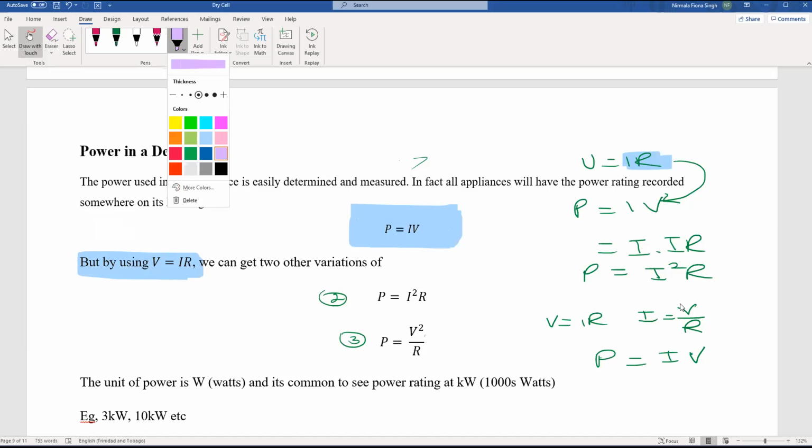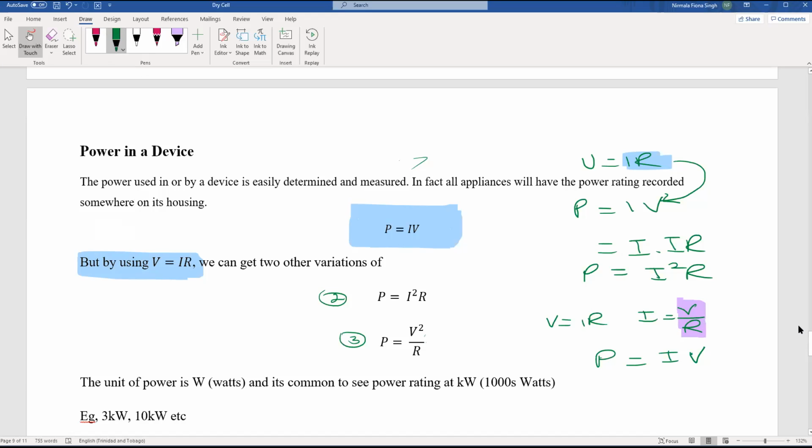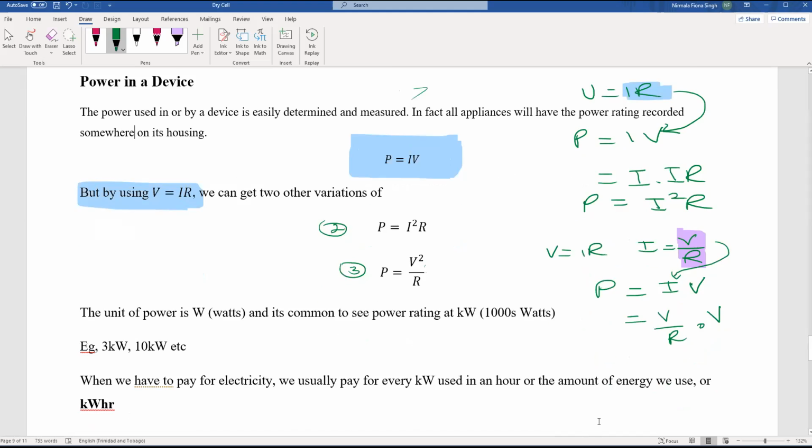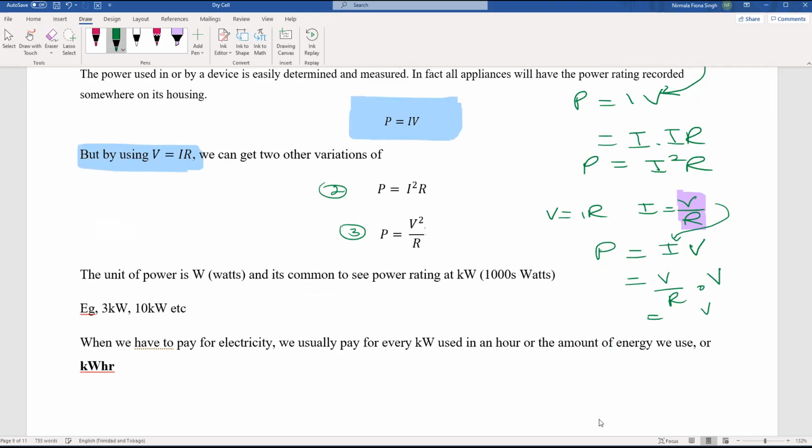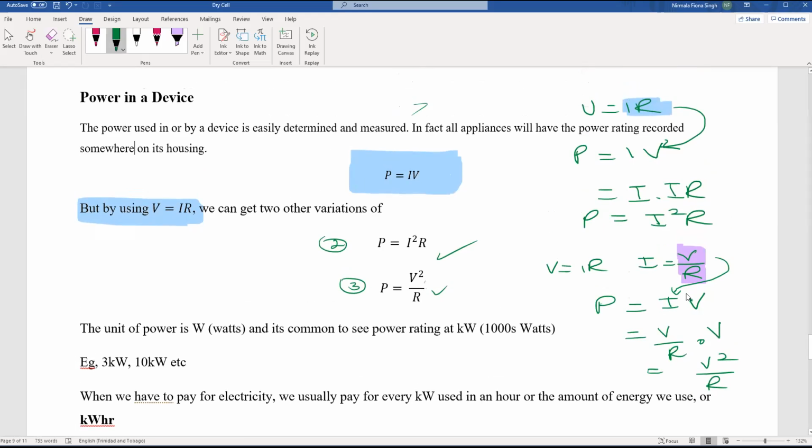So instead of the I, I'm going to use V over R in its place. So I'm going to get V over R by V. And V by V is V squared over R. So that's how we get our two variations. If you want to know how we get those two variations, and not by pulling in new values, all we did was just manipulate our equations.